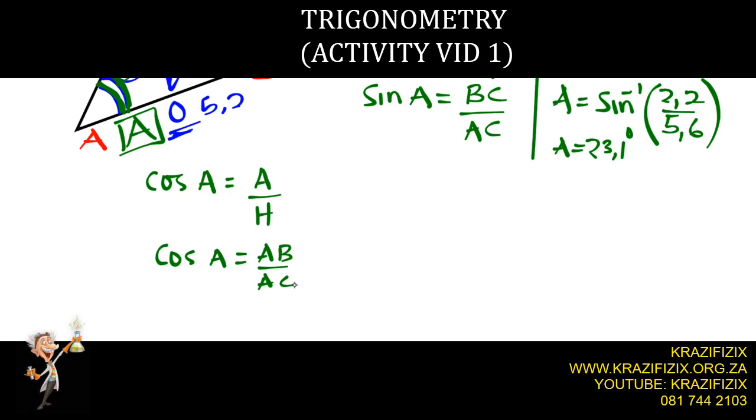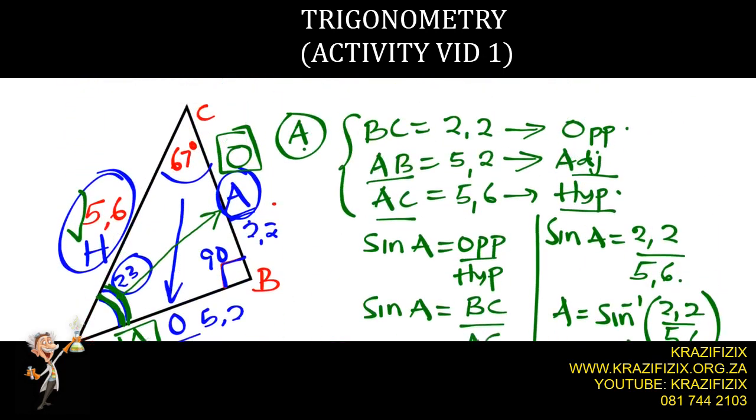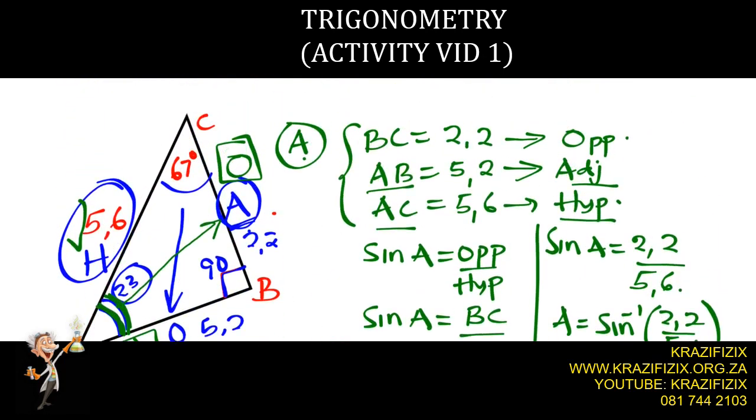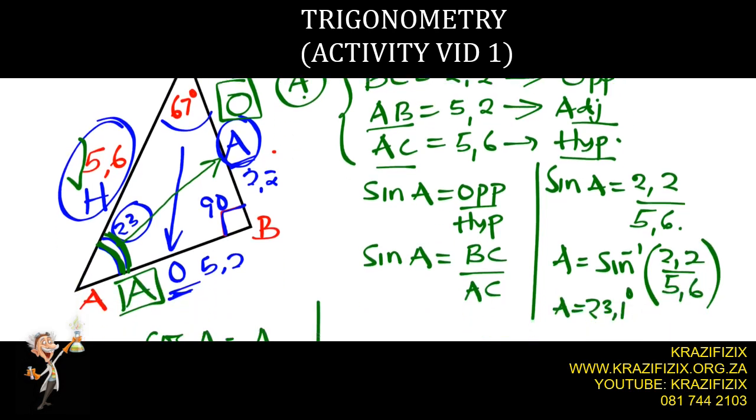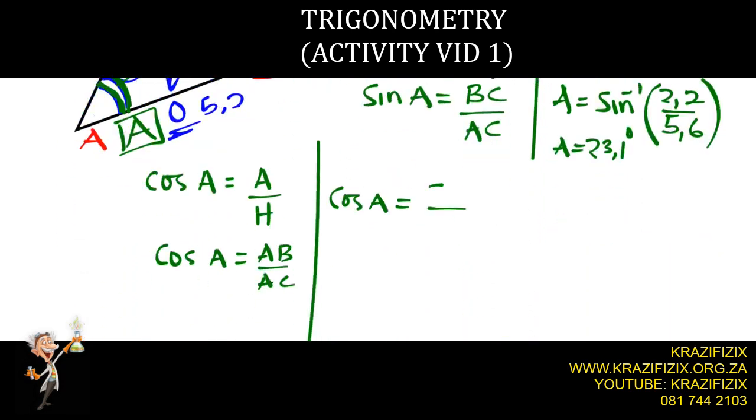So can we then say cos A, what is my AB? The measurement of AB, 52 over 56. I'm sure you remember where these values are coming from. What's the easier way here?